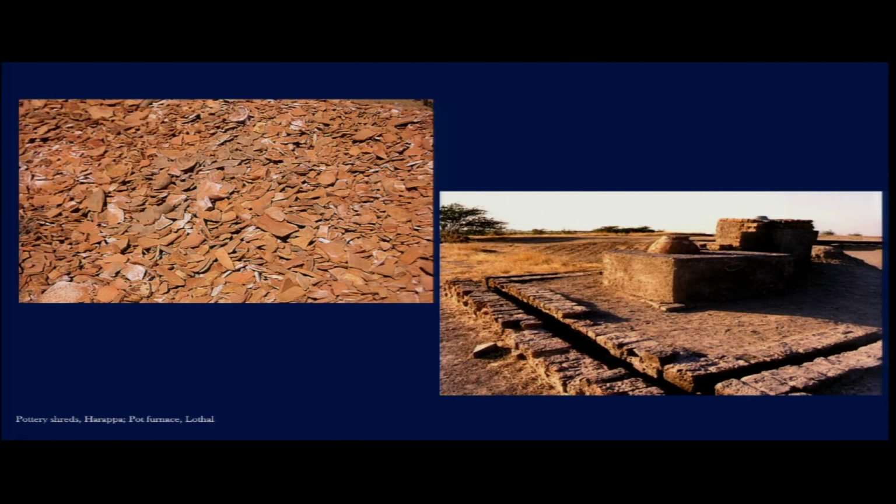Similar things were also happening for the Indus Valley people, who were using different kinds of pottery items and figurines, and after a point of their use they were given up. When they were abandoned, they ended up in these dumping grounds, where a tremendous amount of pottery shreds were collected over time.